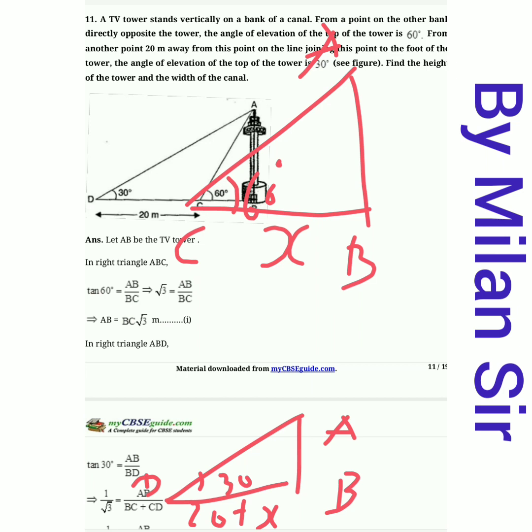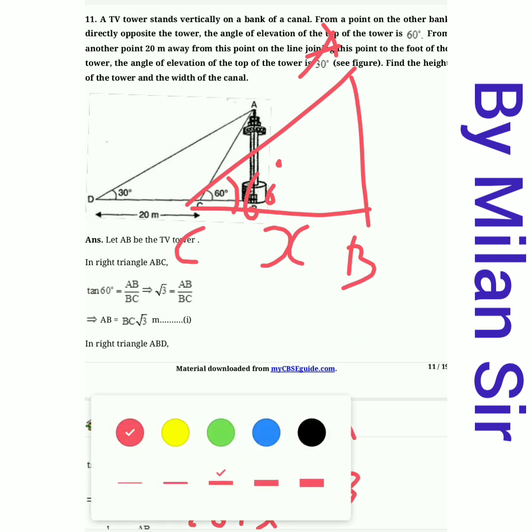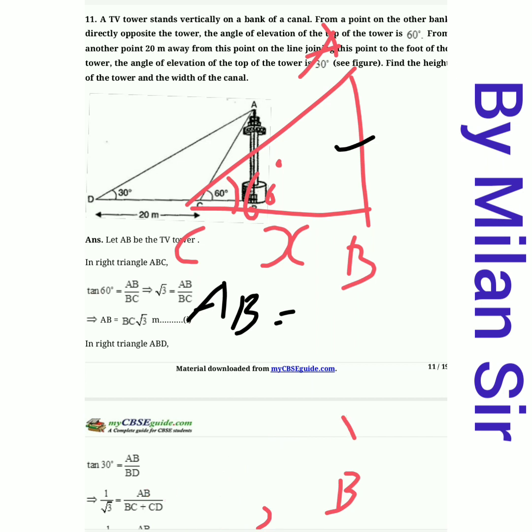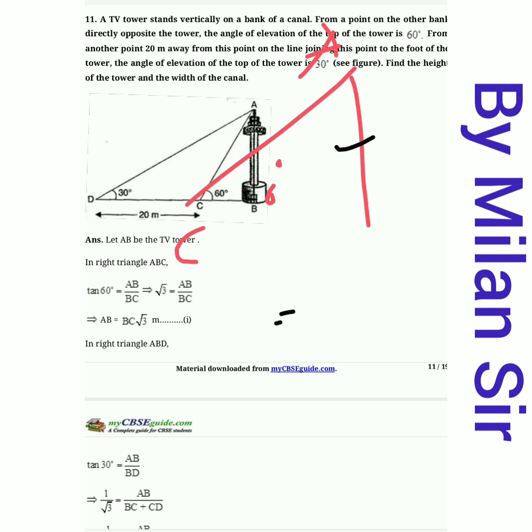So we need to find the common side between these two triangles. It is AB, because AB is the common side in both triangles. So from both triangles we find the value of AB, equate the two, and from that we can find the value of X. If we find X, then we can find AB, the height of the tower. So first of all, find AB from triangle ABC.